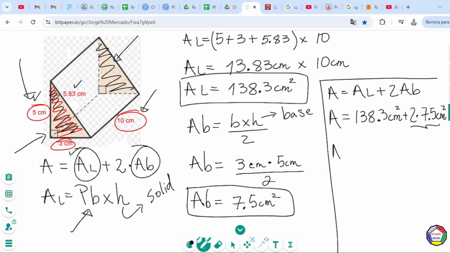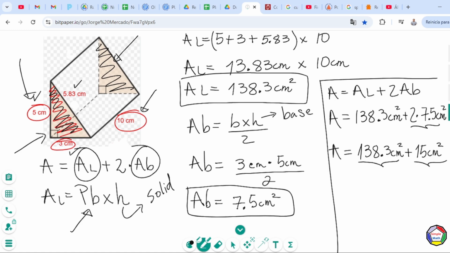We have that the area is equal to 138.3 centimeters squared plus 2 times 7.5 is 15 centimeters squared. Now, the only thing we have to do is add these two things.